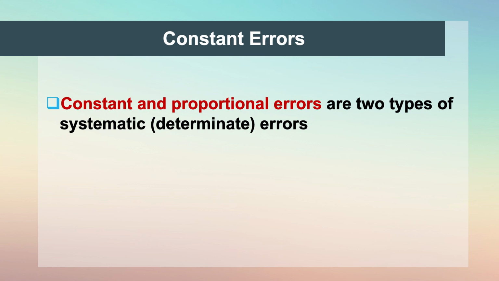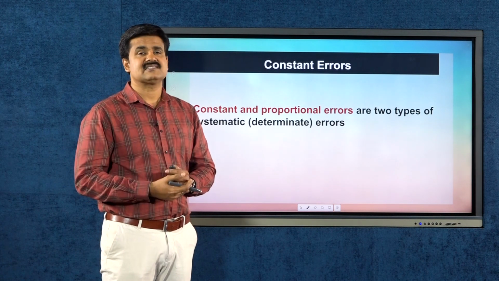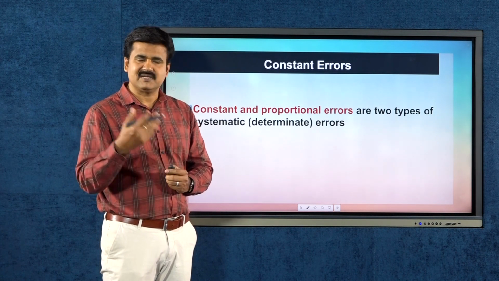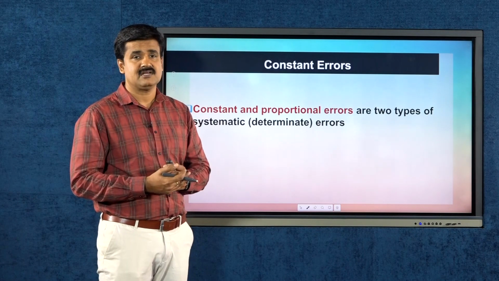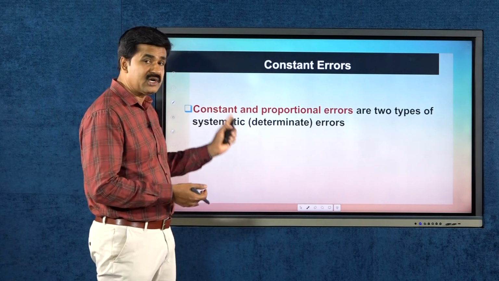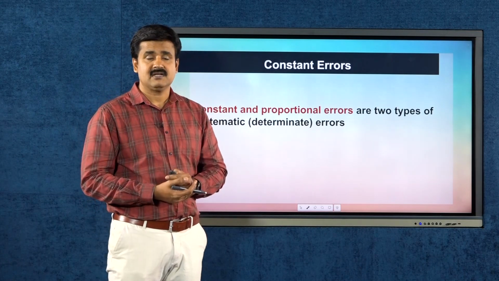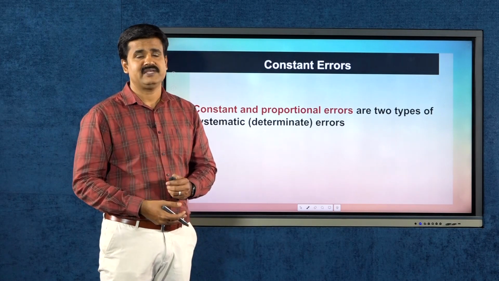Constant and proportional errors are two special types of systematic or determinate errors. We studied three major types of systematic errors like personal error, method error, instrumental error, etc. This is another classification. Another classification of systematic error is constant and proportional error. We can have more details of constant and proportional error now itself.